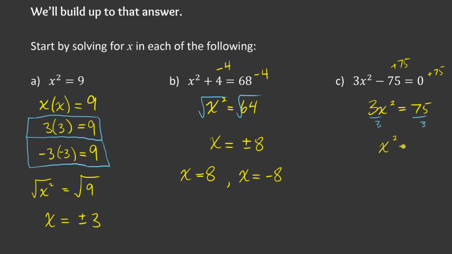So I've got x squared equals 25. We are now going to take the square root of x squared. That's going to give me x equals positive or negative 5. And so we would say x is equal to negative 5 and x is equal to 5. Now, the order in which you say these doesn't really matter. I did the positive 8 first here and I did the negative 5 here.